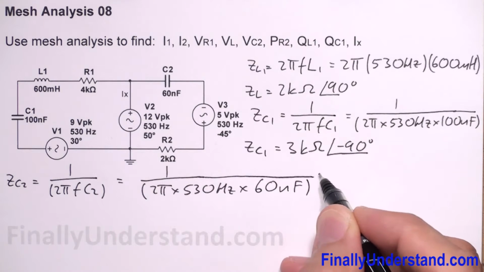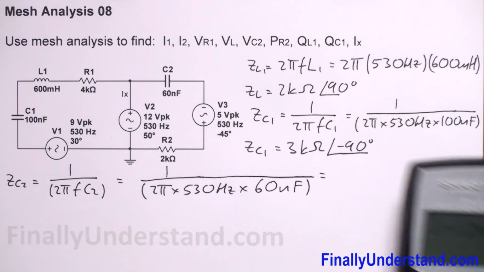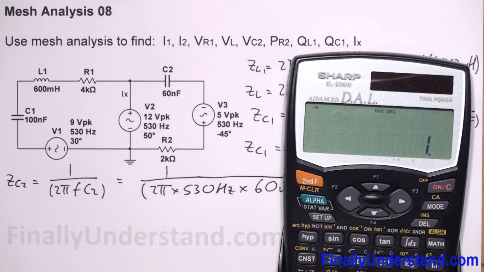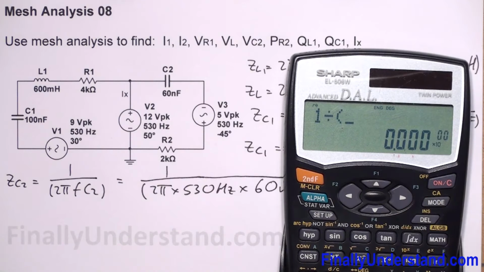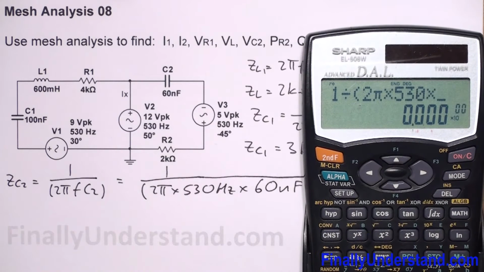So this is 1 divided by, open parenthesis, 2 pi times 500 tera times 60 exponent negative 9, close parenthesis.